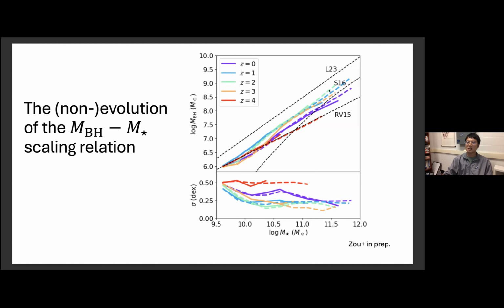Also, our scaling relations do not show strong evolution from redshift 4 to 0. So that's our prediction. We predict that at least out to redshift 3 or 4, we shouldn't expect to see a very strong evolution in the scaling relationship between the black hole mass and the stellar mass.